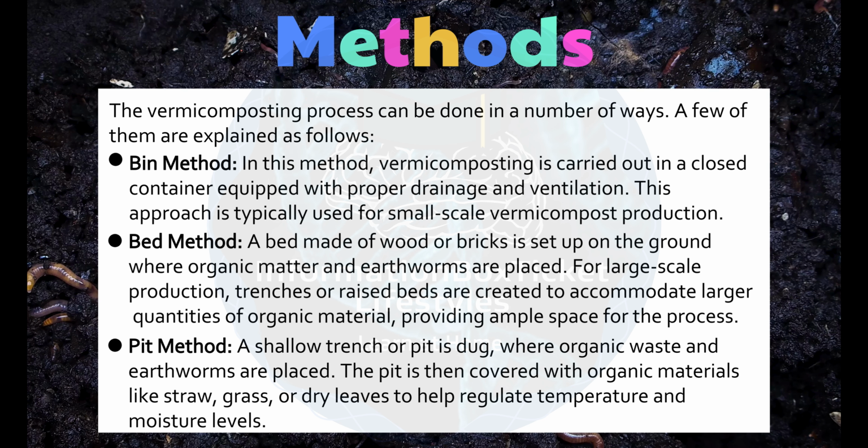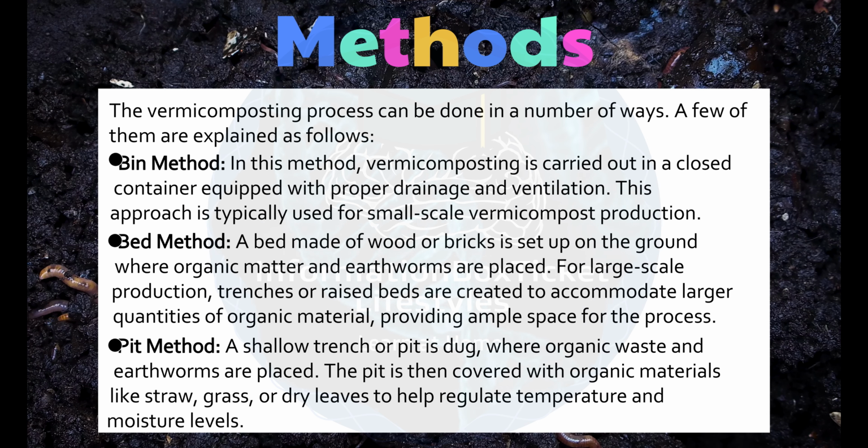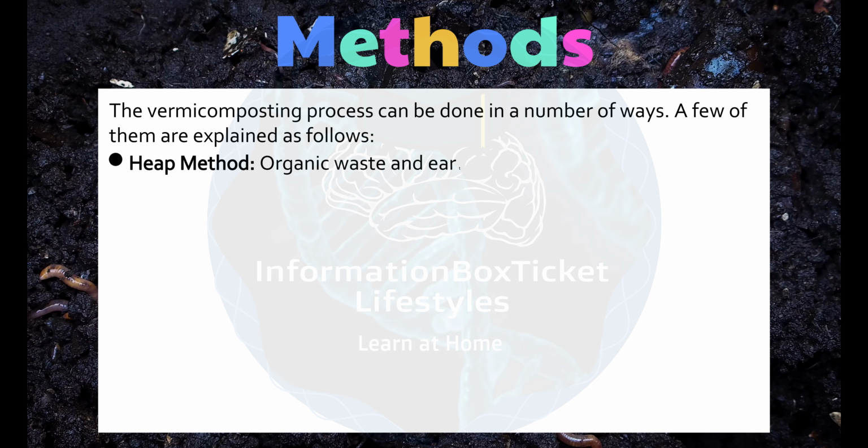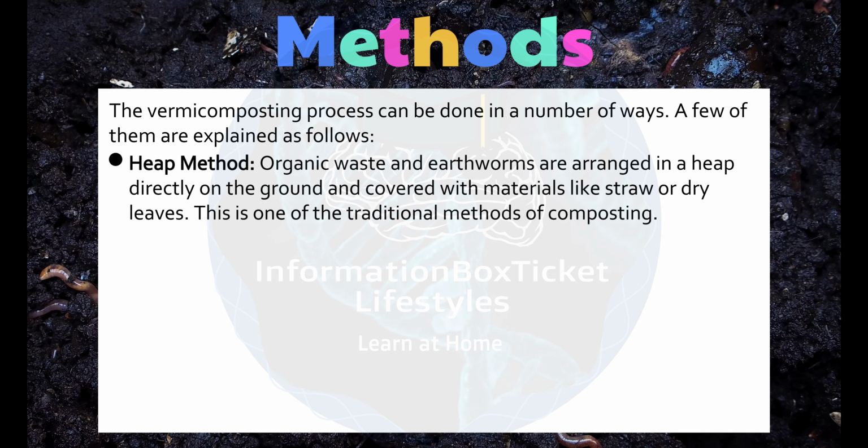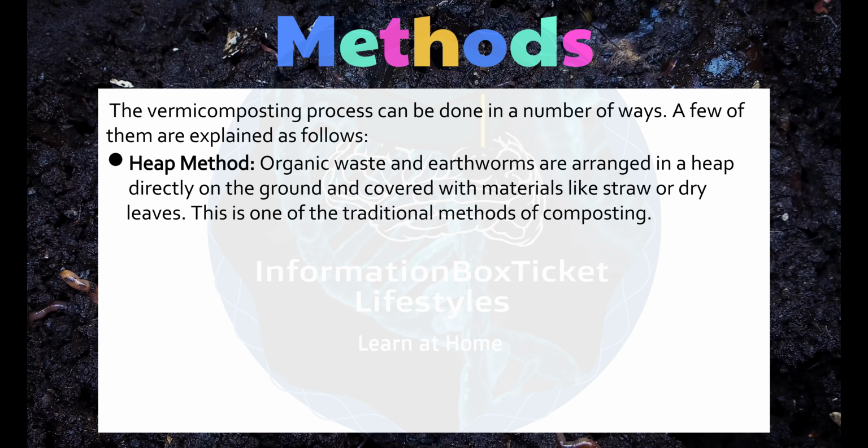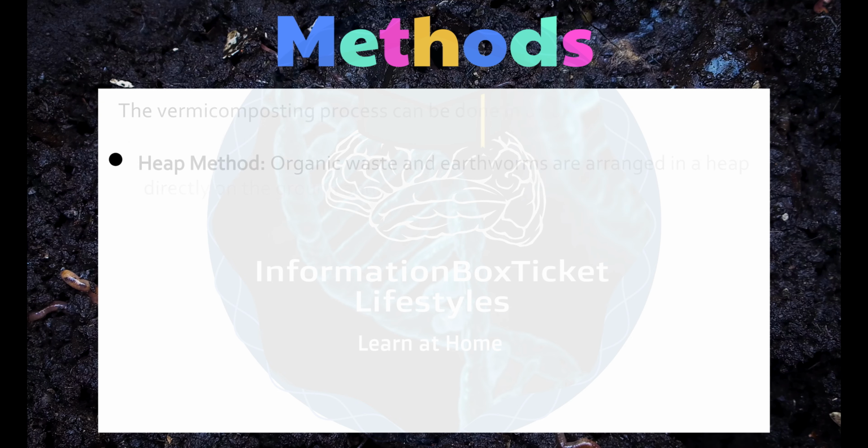The pit is then covered with organic materials like straw, grass, or dry leaves to help regulate temperature and moisture levels. Heap method. Organic waste and earthworms are arranged in a heap directly on the ground and covered with materials like straw or dry leaves. This is one of the traditional methods of composting.